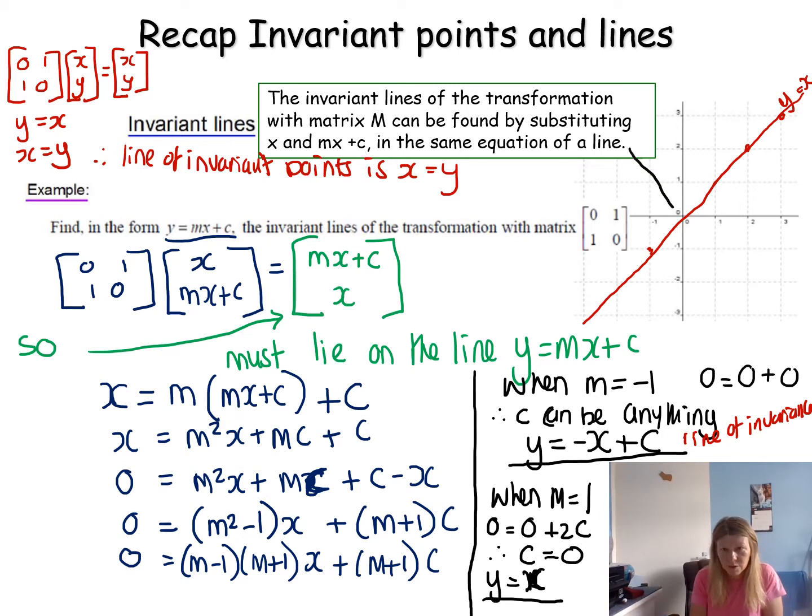So c can be 0, or any other value, as long as we've got a gradient of minus 1. I'm not very good at this, as we can see. See, these are all perpendicular, and they're all lines of invariance.